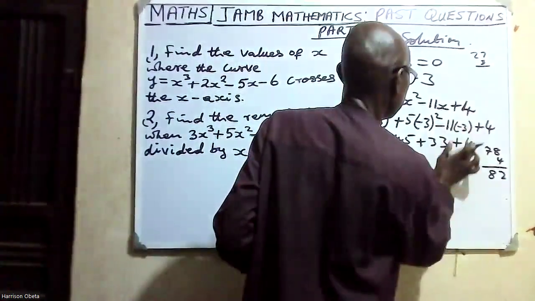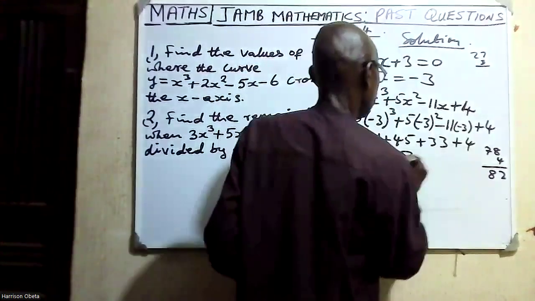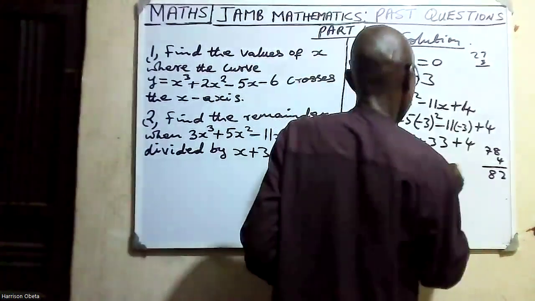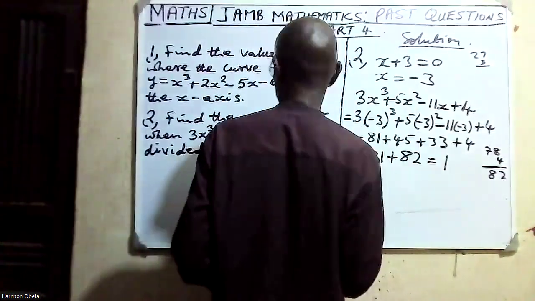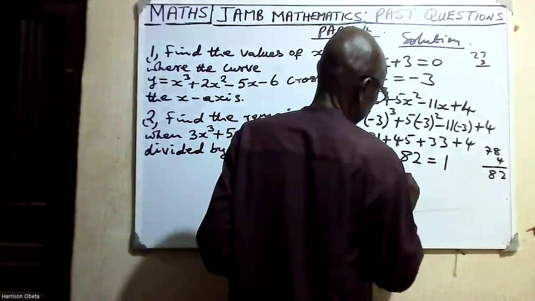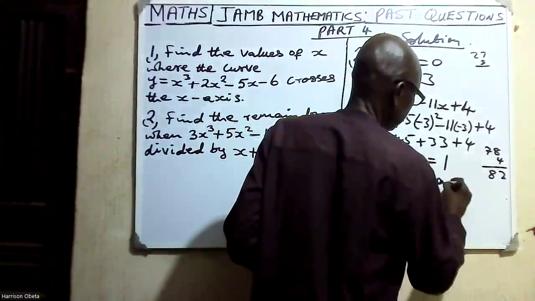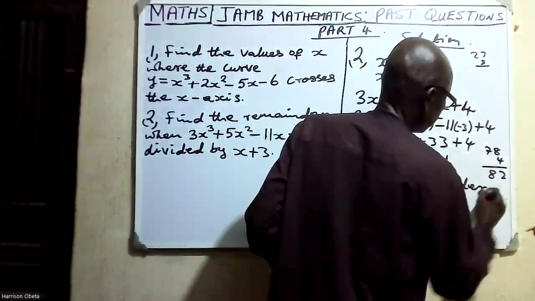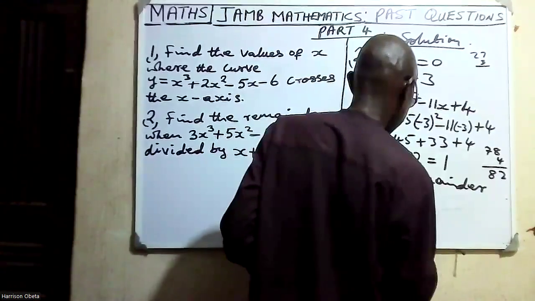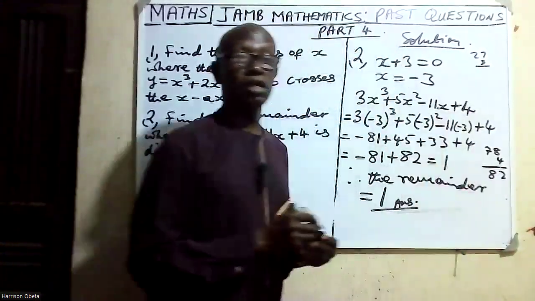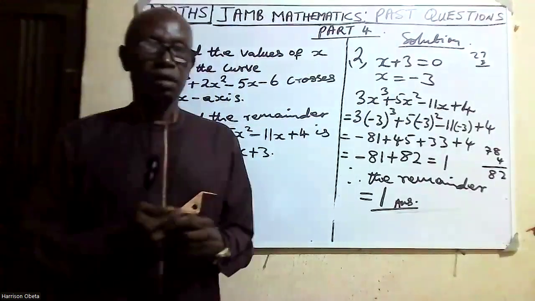Yes, 82 minus 81, and our answer is 1. Therefore, the remainder is equal to 1. So that is the answer to question number 2.